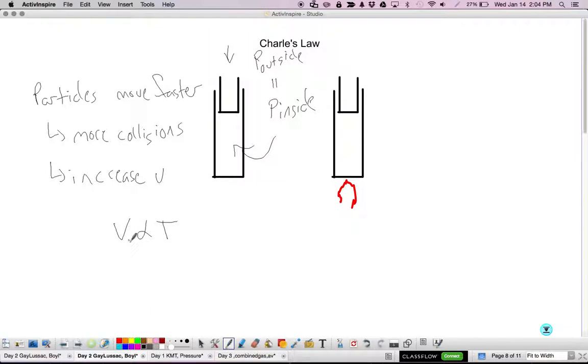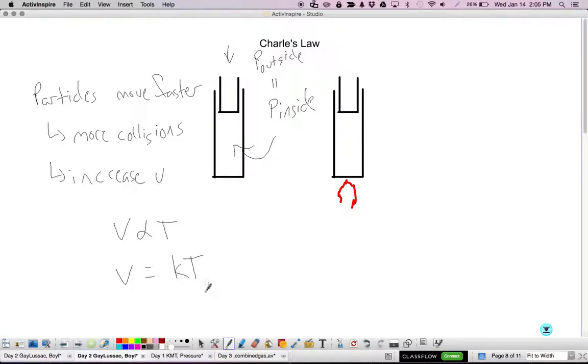So again, in order to go from a proportionality to an equality, we just have to add a constant, V equals KT. Now notice that this constant is different from all the other constants. It's a different constant every time. Every time there's a system, there's a different constant.